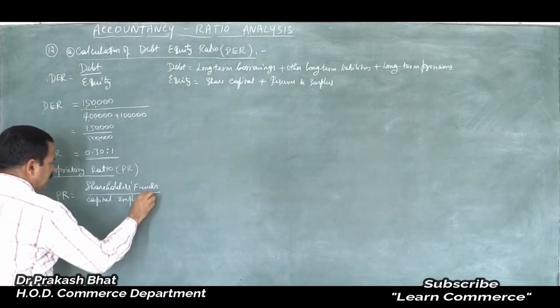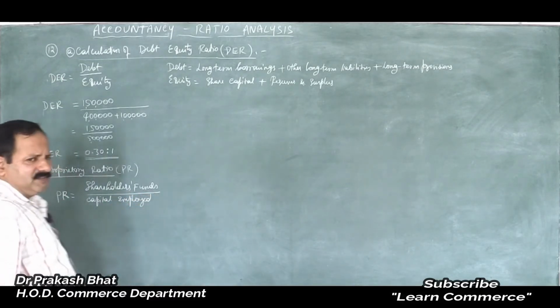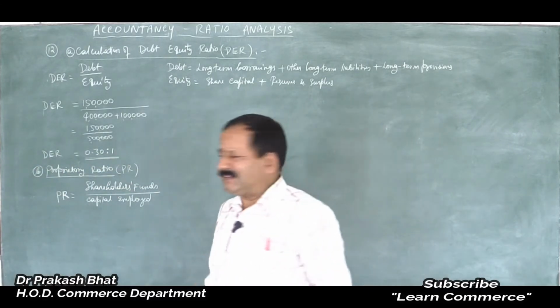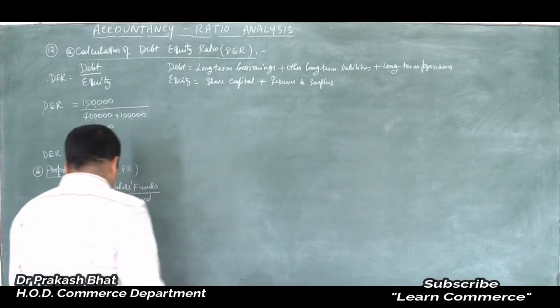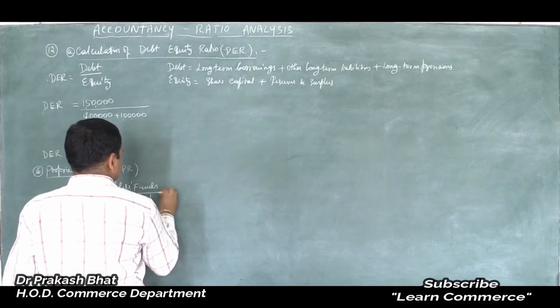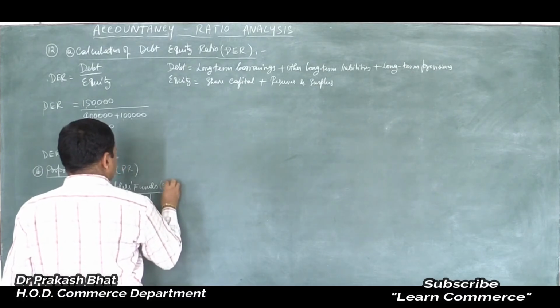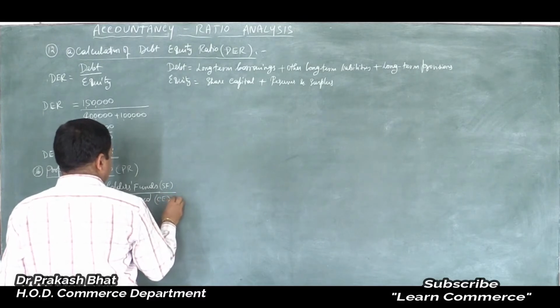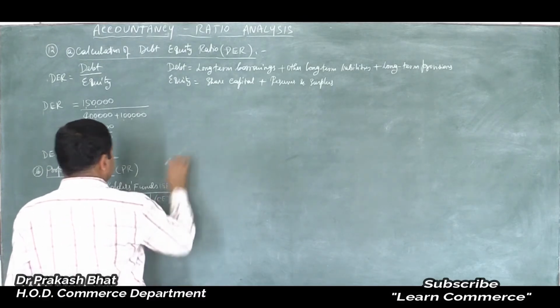Here nothing to explain, friends, because all these are balance sheet items, you know it very well. So from there only you have to pick, that's all. Shareholders funds, SF, and capital employed, I will write in short form.